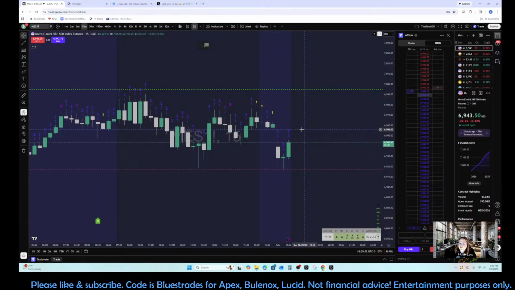I would trade an inside bar only, and I would trade the break of the inside bar. I would mark out the high and the low, which is why I do that on every single time frame, no matter what. I would set an alert, and then I would trade the break of that.